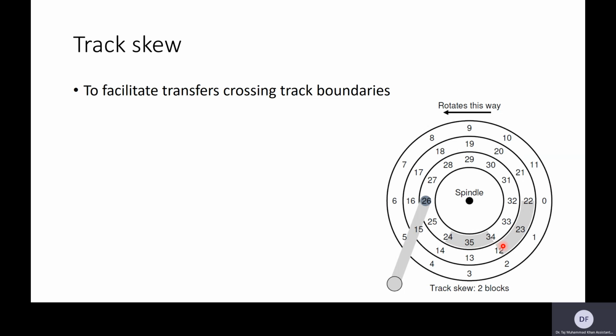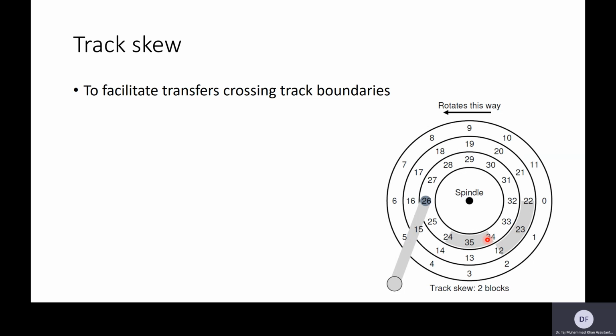This seek movement will take some time, and since the disk is already rotating, by the time the arm arrives on this inner track, if sector 24 was here, it would already have passed under the head, and we would have to make a full rotation to bring 24 under the head.